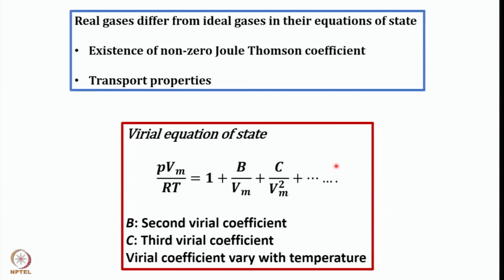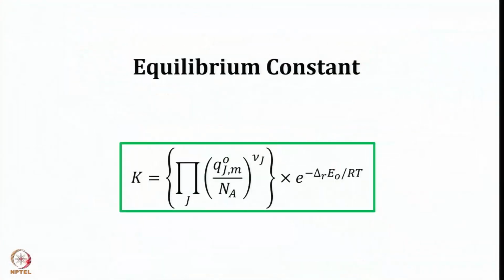After connecting to K, the equilibrium constant, as I said, it is one of the remarkable thermodynamic quantities, because if I go back, the equilibrium constant is connected to delta G naught, which is equal to minus RT log K.